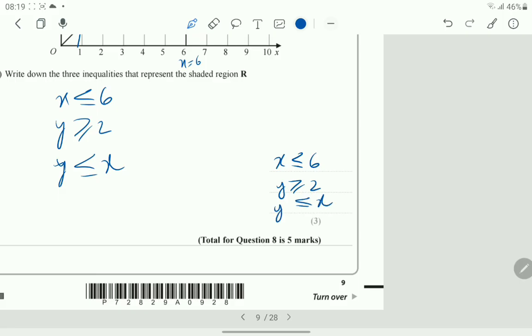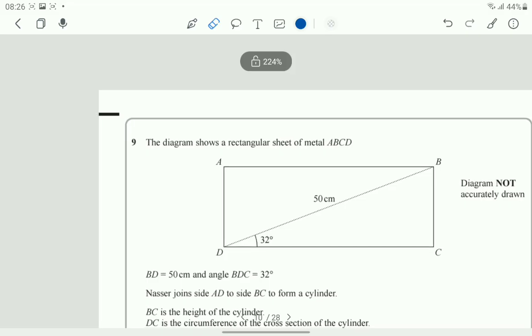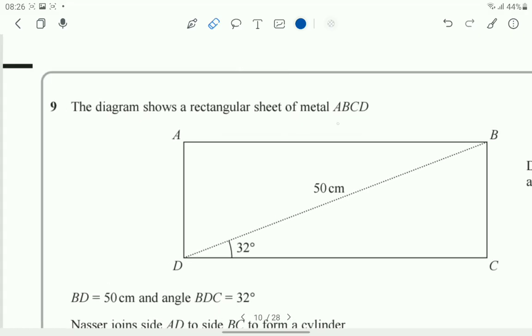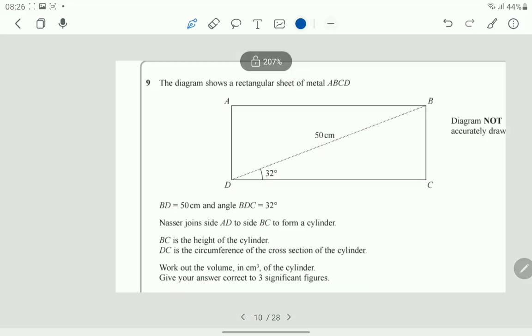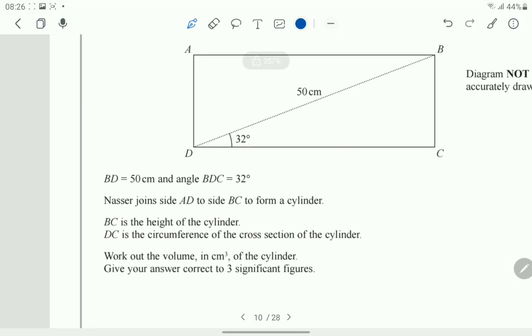Moving on. So question 9, the diagram shows a rectangular sheet of metal ABCD. As you can see, BD is 50 centimeters and angle BDC is 32 degrees. Nasser joins side AD to side BC to form a cylinder. BC is the height and DC is the circumference of the cross section of the cylinder.